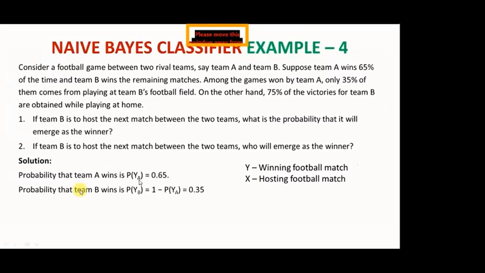So the probability of team A winning the match is 0.65. That means the probability of team B winning the match, P of YB, is equal to 1 minus P of YA. That is 0.35. Is it clear? They have given the probability of team A winning the match, that is YA, 0.65. Team B, P of YB, is 0.35.